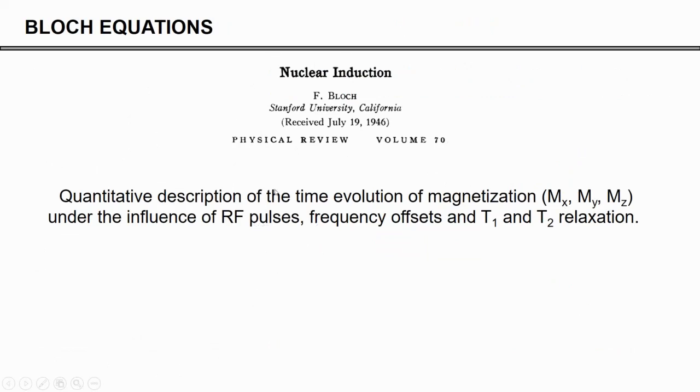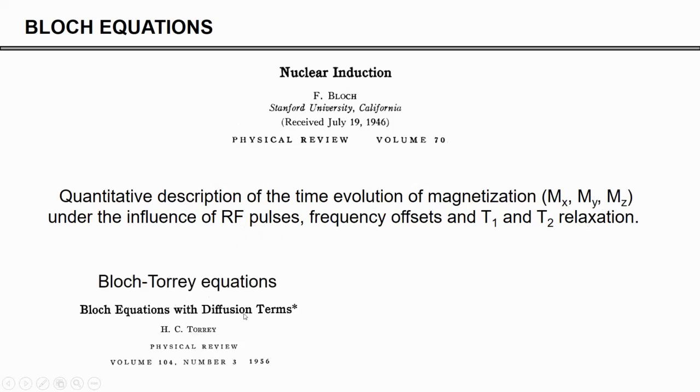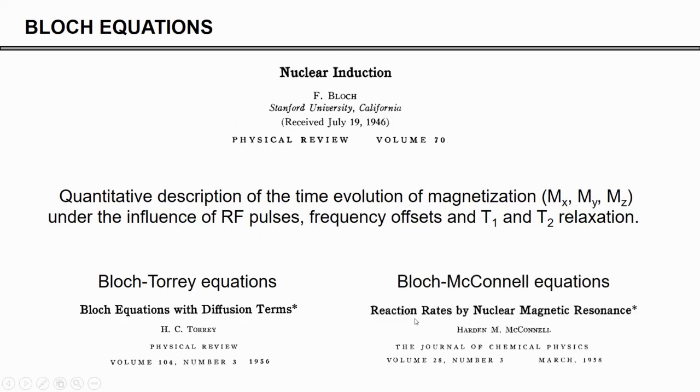With his Bloch equations, you can calculate Mx, My, and Mz when you have an RF pulse or a frequency offset or relaxation. Now, you can also extend these equations to take into account diffusion or chemical exchange. We will not talk about those today. Those will be part of a future video. But we will talk about the three basic Bloch equations that were described by Felix Bloch himself.